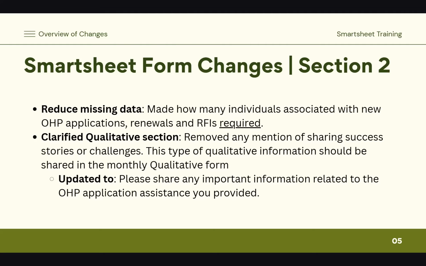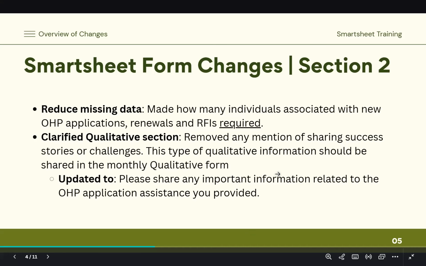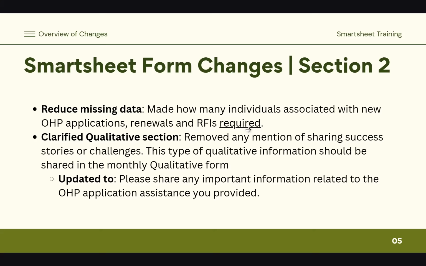So for a new application, a renewal, or a case change, etc. So now we're going to make those required. So now when you select that you've helped someone with an application or a renewal or a case change, and it then follows up with the question, how many people are associated with that? And instead of it being optional, it's going to be required. And that's really going to reduce the missing data problem that happens with that one.